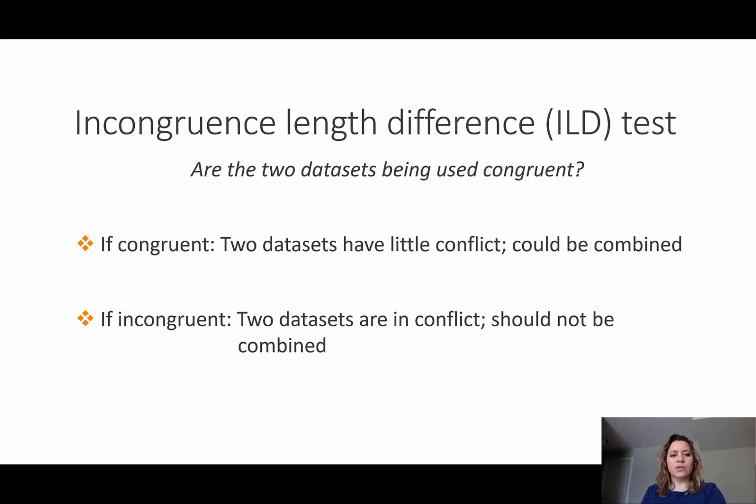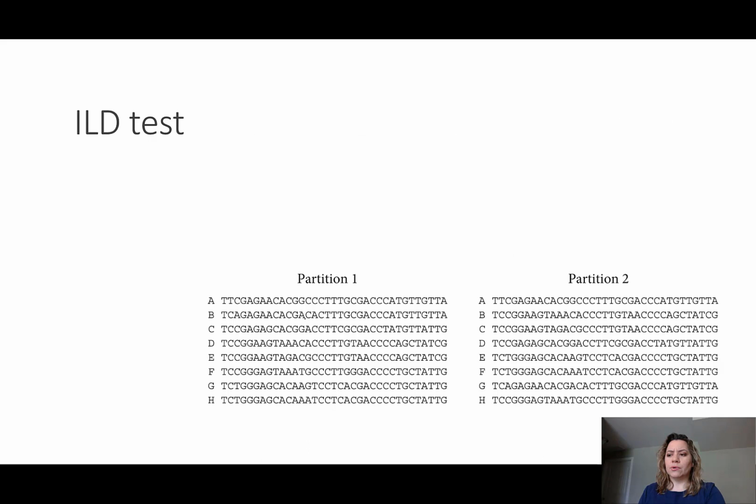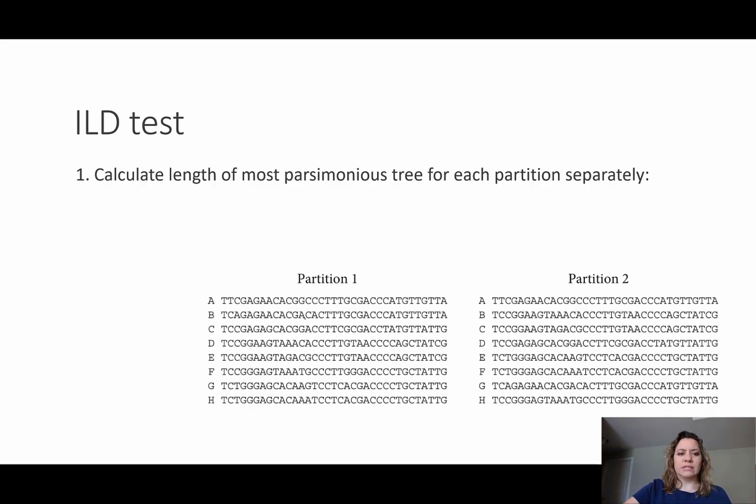All right, so we're going to look for whether our data sets that we are examining should be combined to perhaps give us a better answer, or whether they should be kept separate. So we are going to imagine that we're working with this generic data set, and the first step in an ILD test is that you calculate the length of the most parsimonious tree for each partition separately.